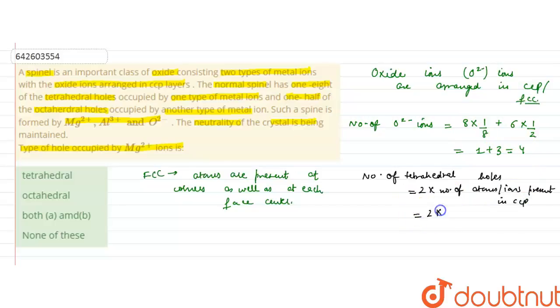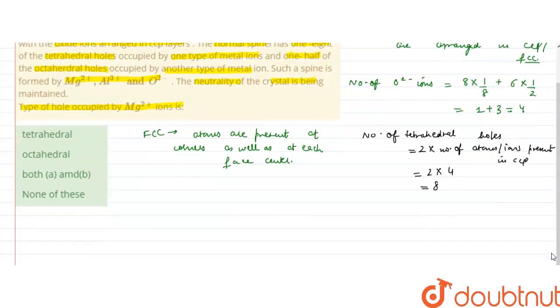So the number of tetrahedral holes would be 2 into 4, that is 8. It means the number of one type of metal ions would be 1/8 of the tetrahedral holes, and total tetrahedral holes are 8, so that is 1.